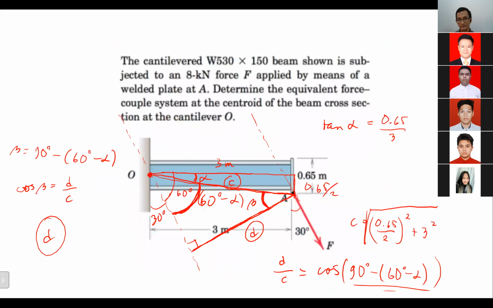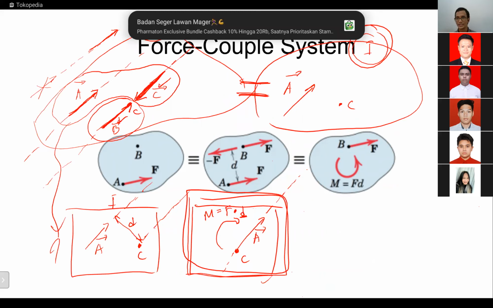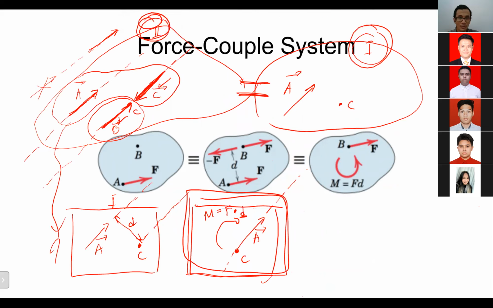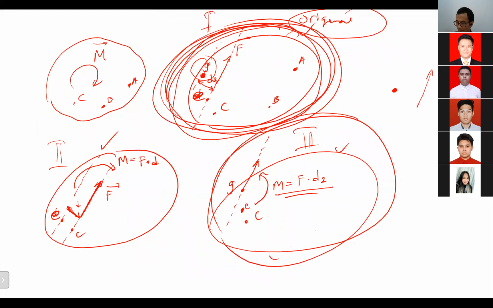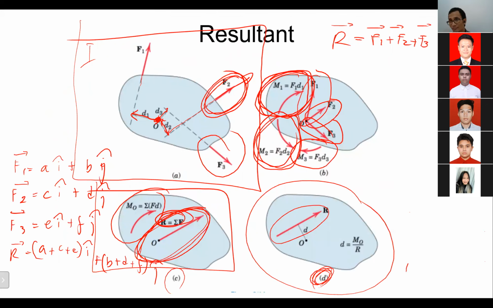Remember, when we did it here, we replaced one force with a force and couple system. Now we can do it the opposite way. We can replace the force couple system with one force only, but the effect is supposed to be the same.